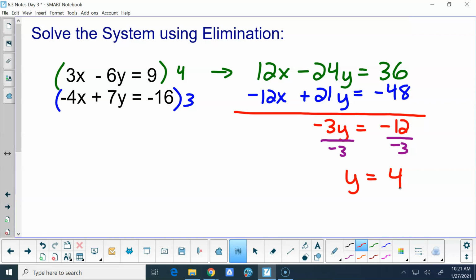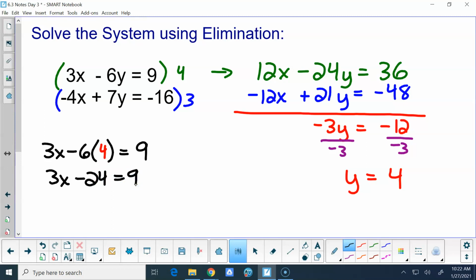Plugging 4 back into either one of my original equations, I'm going to go into the first one: 3x minus 6 times 4 has to equal 9. So that's 3x minus 24 equals 9.